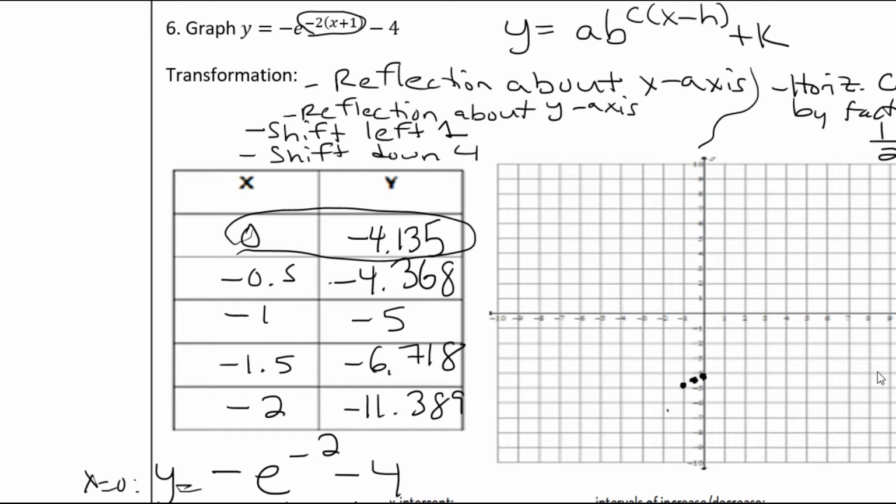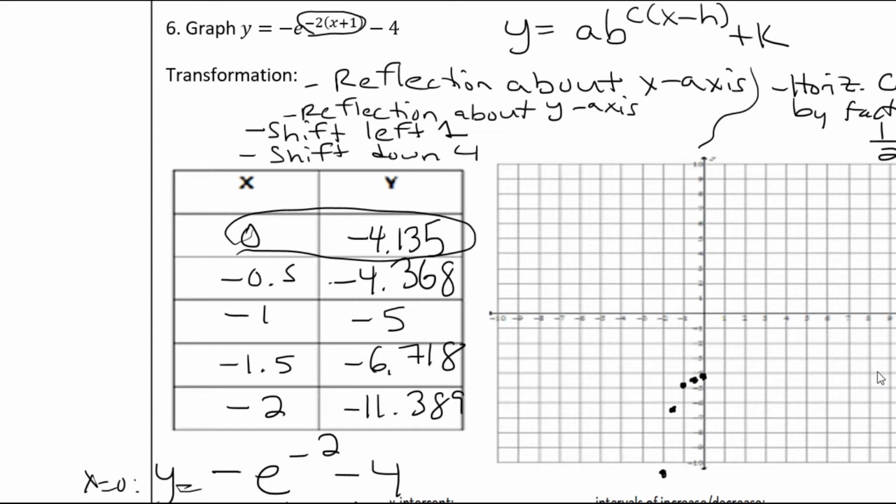Over here, should be negative 1.5, so let me put it a little bit closer. Okay, and then negative 2 and negative 11.389. So I'll just put it around here, just so that we can draw the graph.